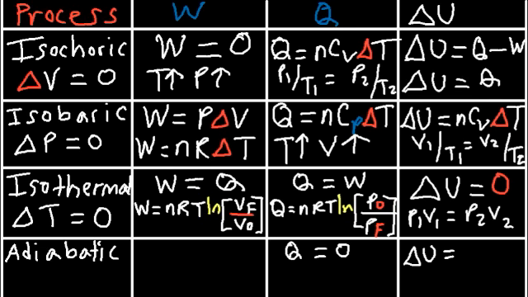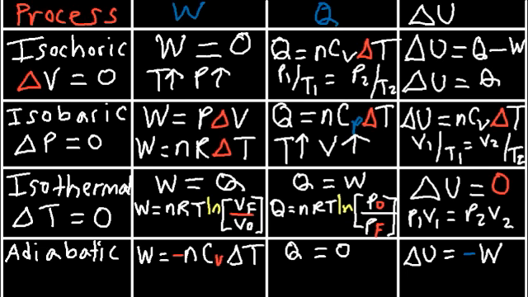So delta U is equal to negative W. And delta U is always equal to NCV delta T, which means that the work is equal to negative N, the number of moles, times CV, the molar heat capacity at constant volume, times the change in temperature.